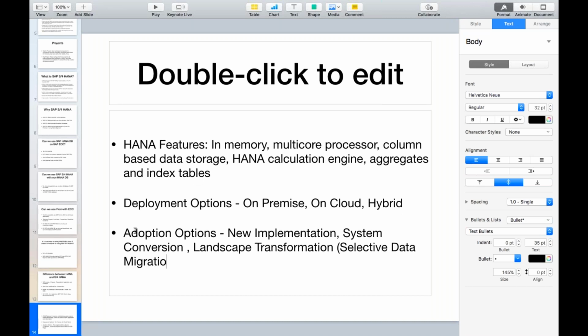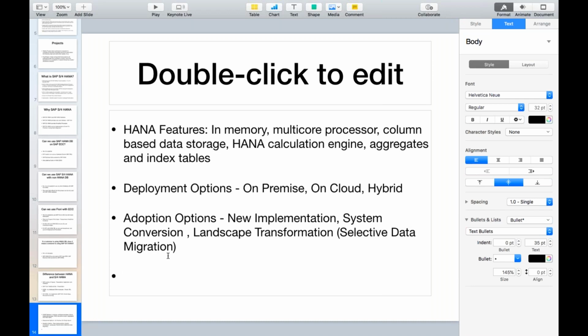I'll tell you why exactly it is called selective data migration. So this is our agenda today. If time permits, we will go with SAP Fiori basics. If not, we will see the Fiori part in the coming sessions. So let's start with this one now. Let's start with HANA features.